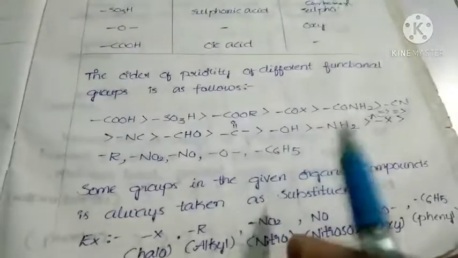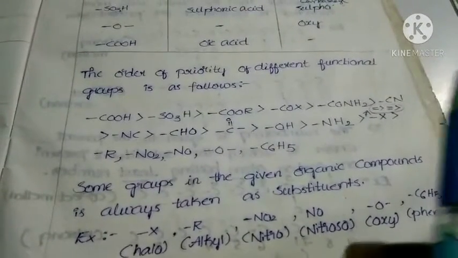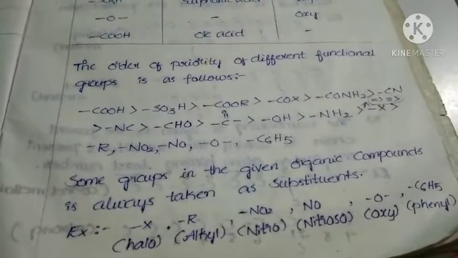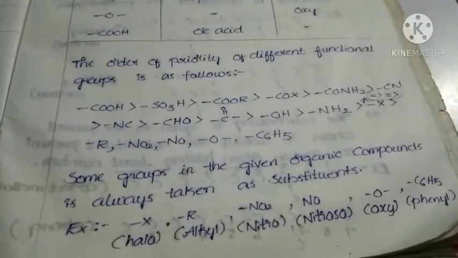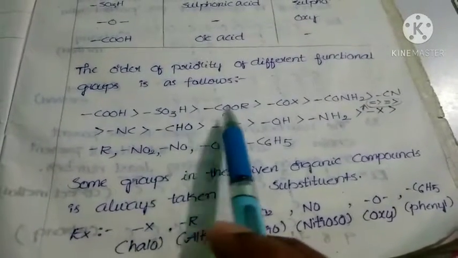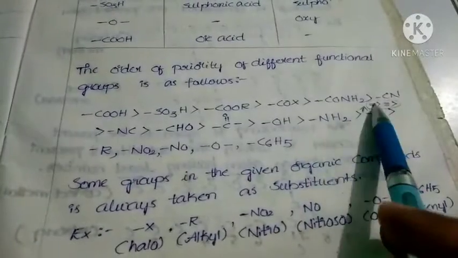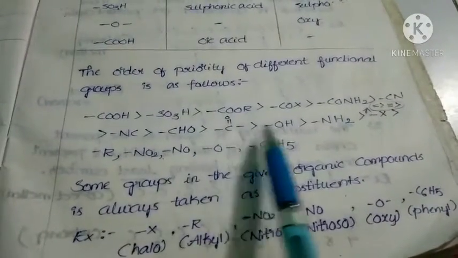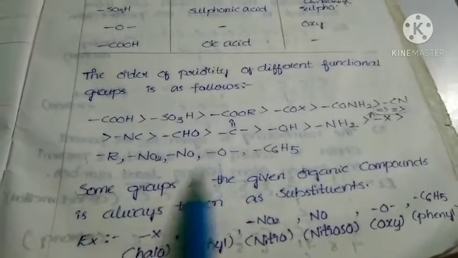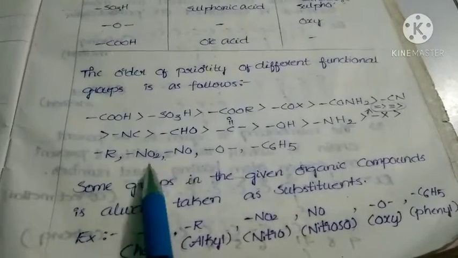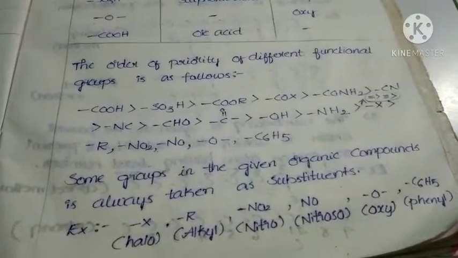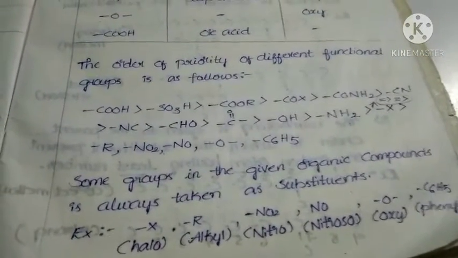To write the IUPAC name of an organic compound, this order should be remembered, because sometimes two or more functional groups may be present in a given organic compound. So what is the first priority functional group? Acid, then sulfonic acid, then ester, then acid halide, then amides, then cyanides, then isocyanides, then aldehydes, then ketones, then alcohols, then amines, then double bond, then triple bond, then halogen. Halogen, alkyl, nitro, nitroso, oxy, phenyl, these are always considered every time as substituents.